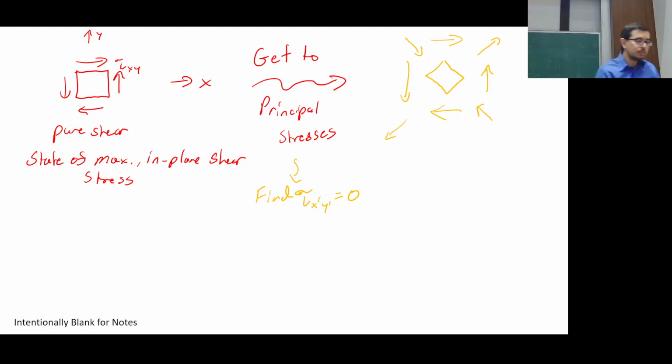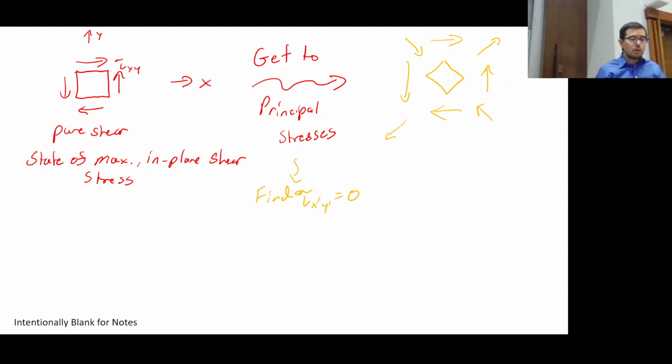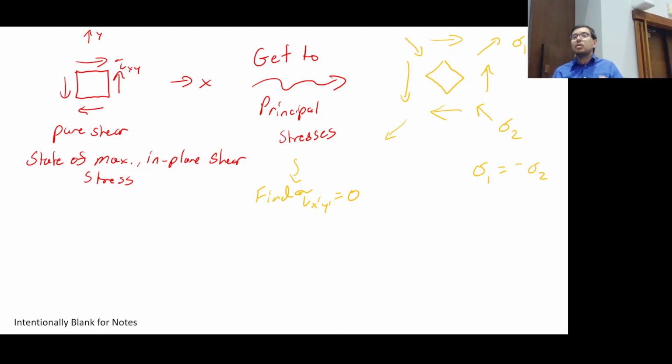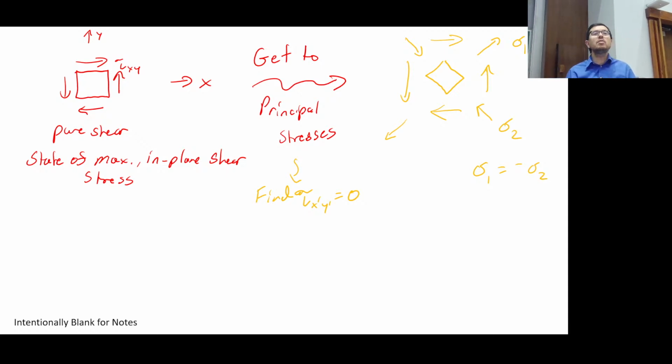Okay. So what we can say is that this would be a new sigma 1, and this would be a new sigma 2, and we know that sigma 1 is equal to minus sigma 2. Okay. And today, with Mohr's circle, it'll be very quick to figure out the magnitudes and signs of sigma 1 and sigma 2.